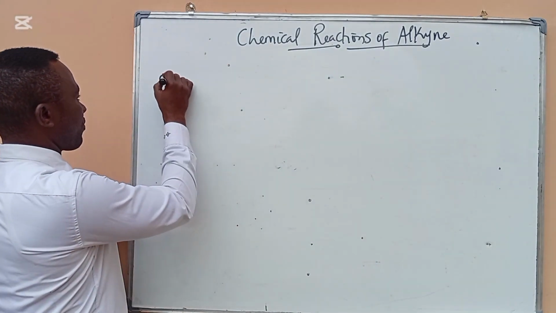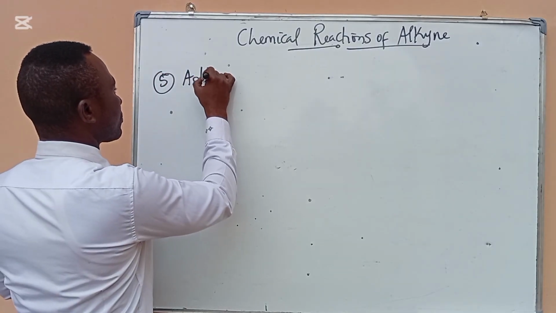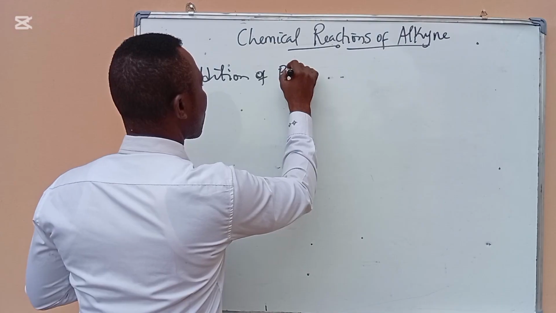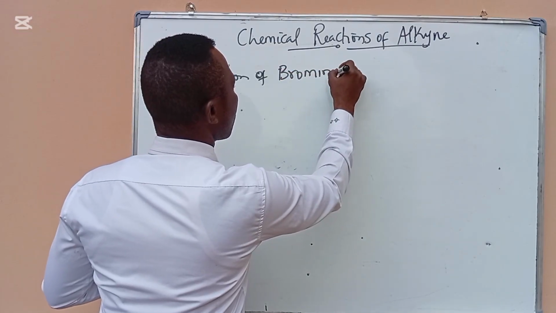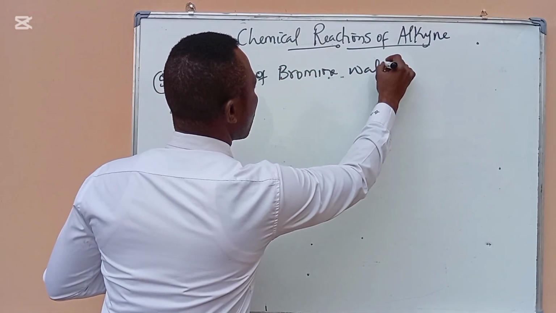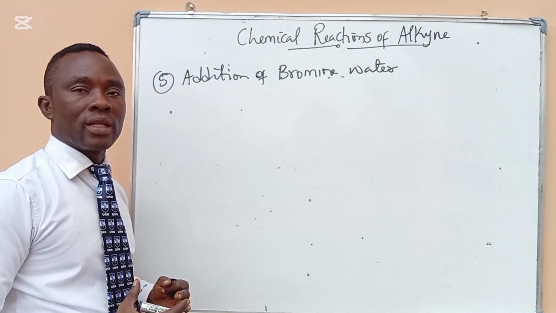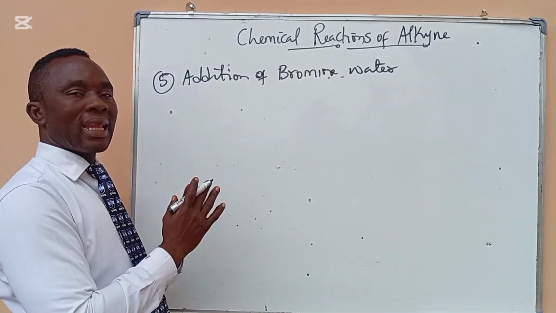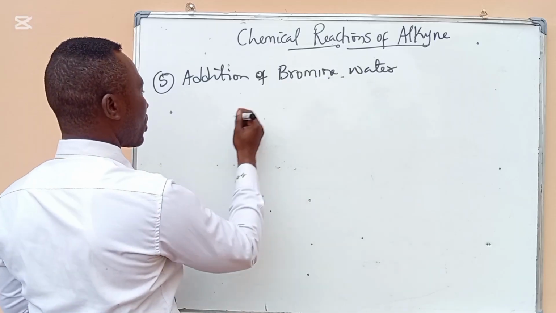So number 5 is addition of bromine water. We can use chlorine water, but it's okay, anyone is okay. If we are using bromine water, we have an alkyne reacting with bromine water.